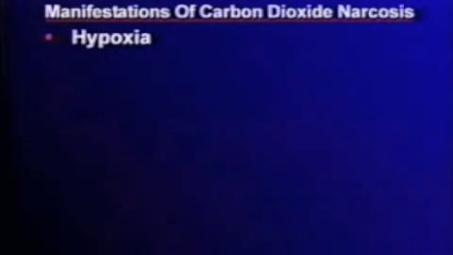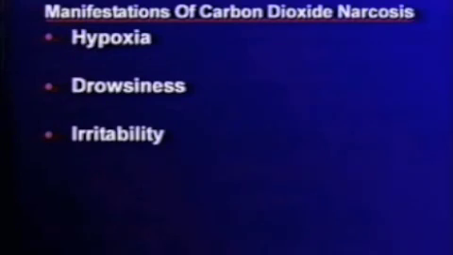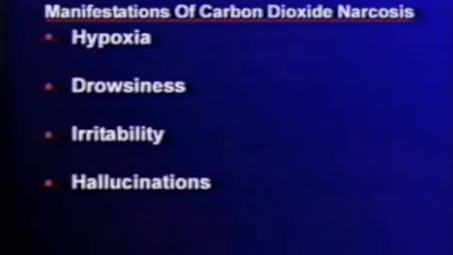Think again back to that emphysema client that we talked about and what they look like. This is the initial stage. This is what they look like at the very beginning. Eventually, because they're hypoxic, they have those central nervous system symptoms such as drowsiness. They become irritable. They have hallucinations and eventually will go into a coma if there is no intervention.